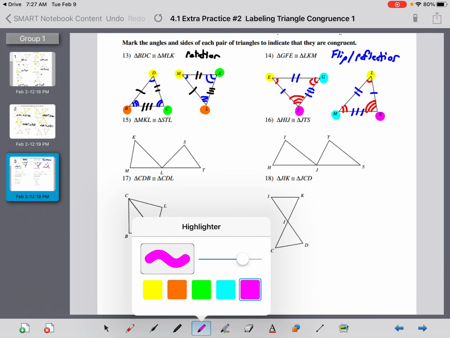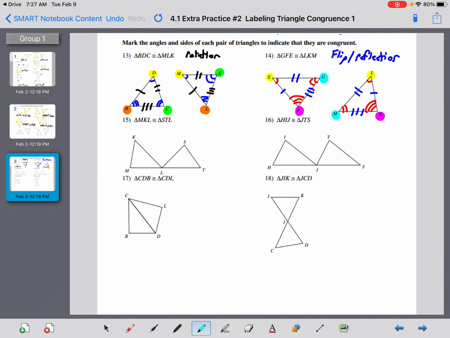Now, we're going to continue to get a little trickier here. This time, you would have to take triangle K, M, L, and almost flip it and turn it at the same time, which can be a little tricky to see for some.